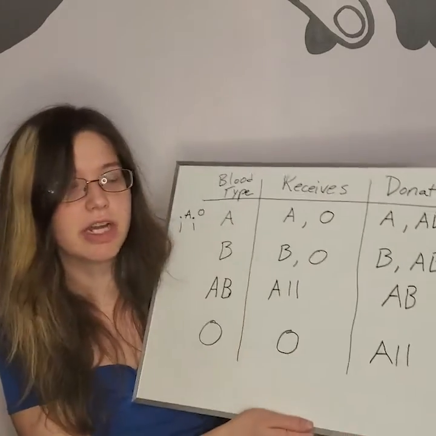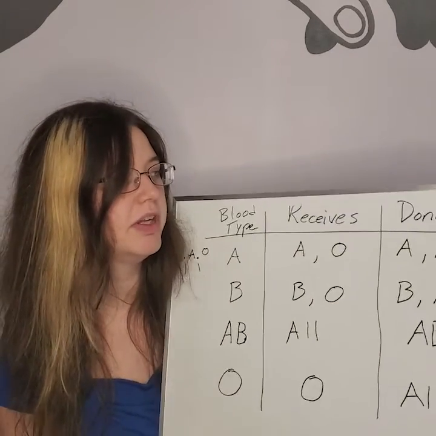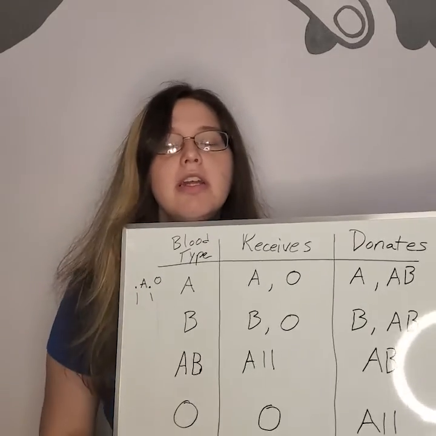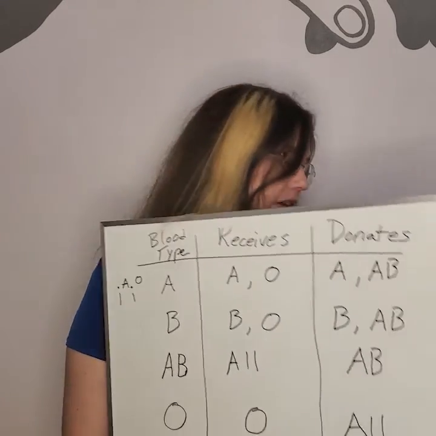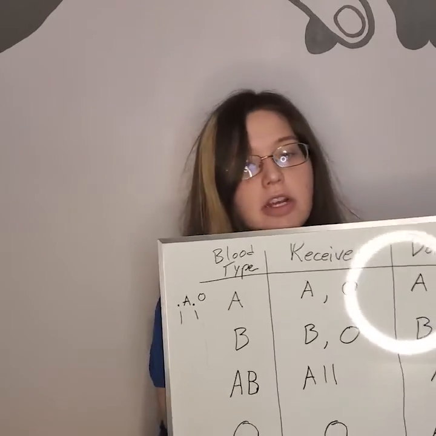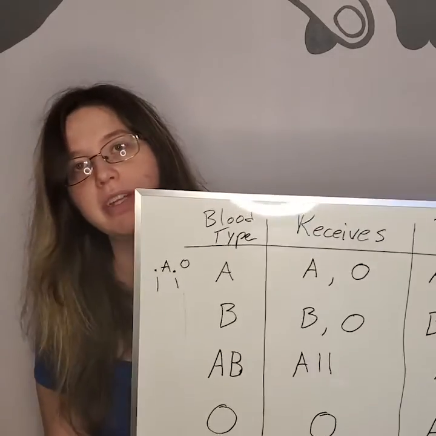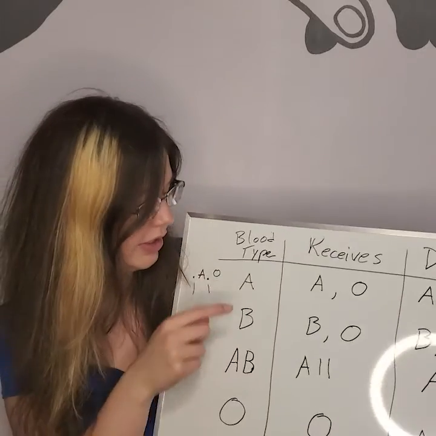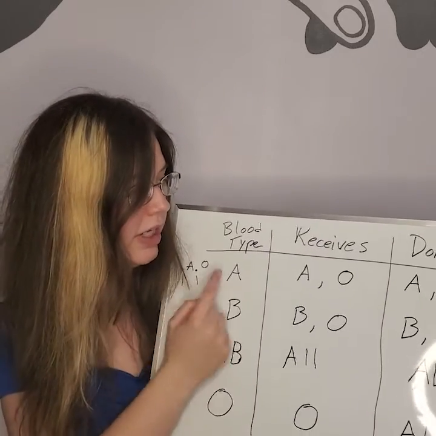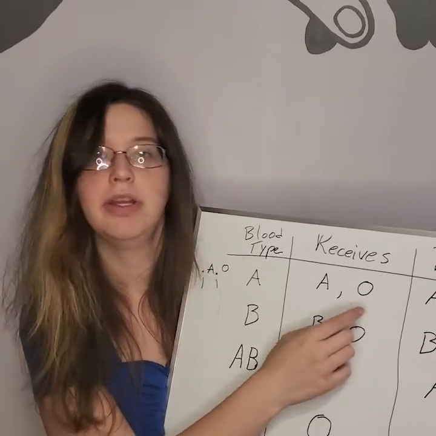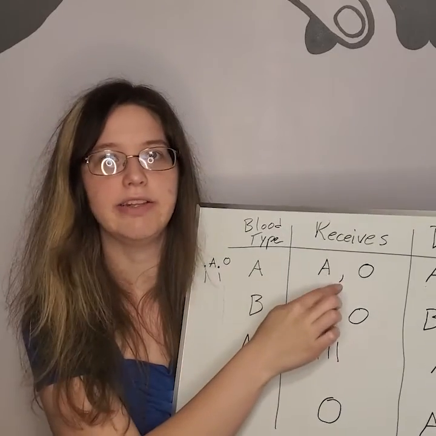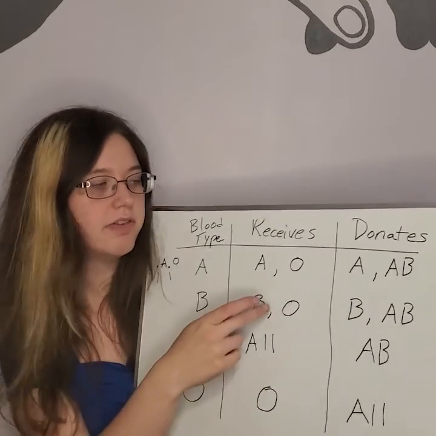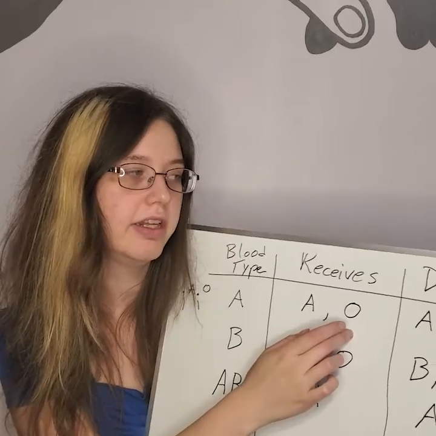So when we're talking about blood type, we've got this entire table that we can make up about what type of blood can be donated or received based on the carbohydrates. So based on the blood type A, B, and O. If we have type A blood, it can receive A and O because A has the same type of carbohydrate as itself and O has nothing.